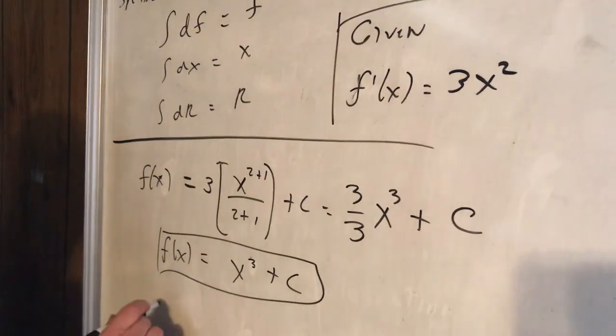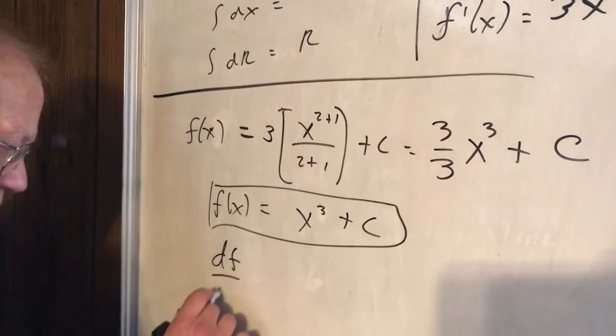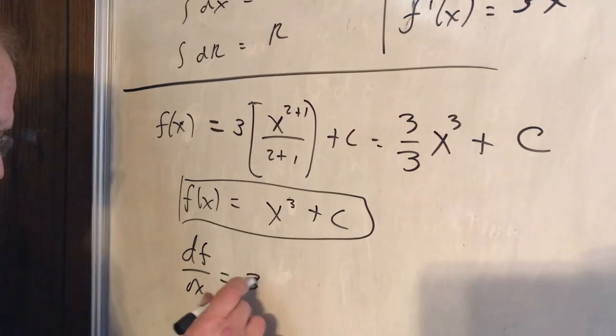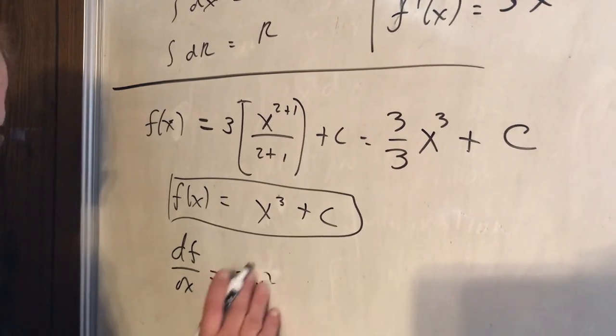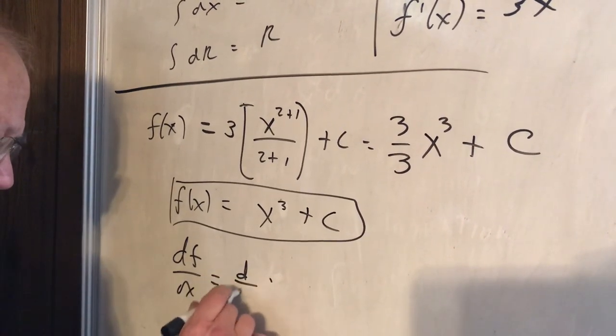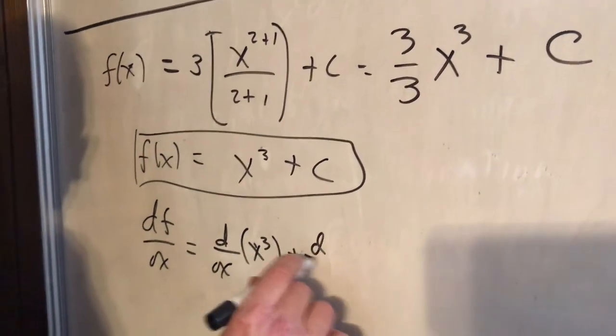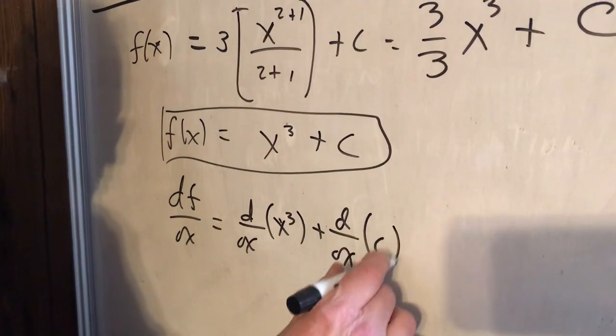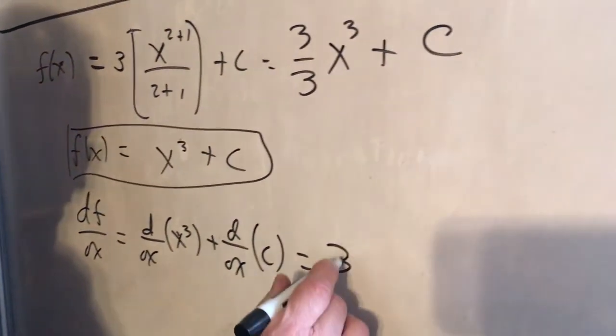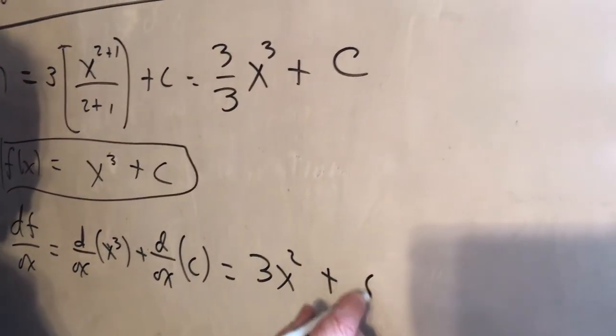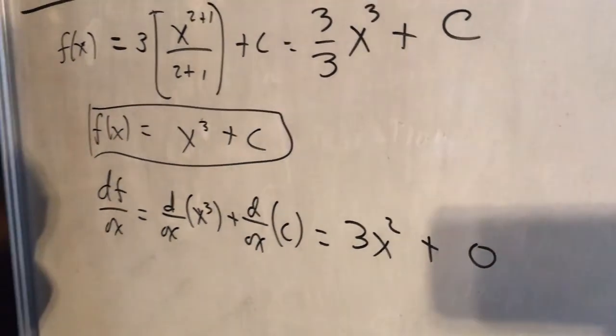Now let's take the derivative of this. 3x squared, right? Well, that would be the derivative of this plus the derivative of this. And that's 3x squared plus 0. Why? Because the derivative of a constant is always 0.